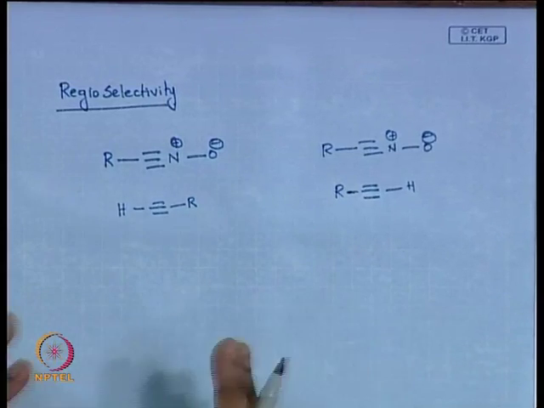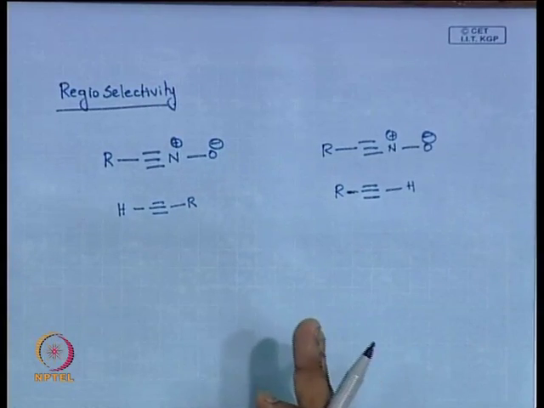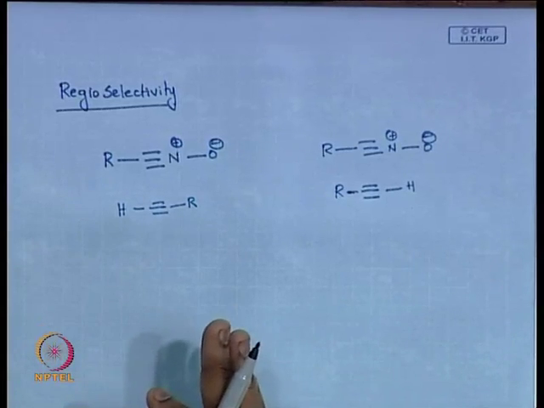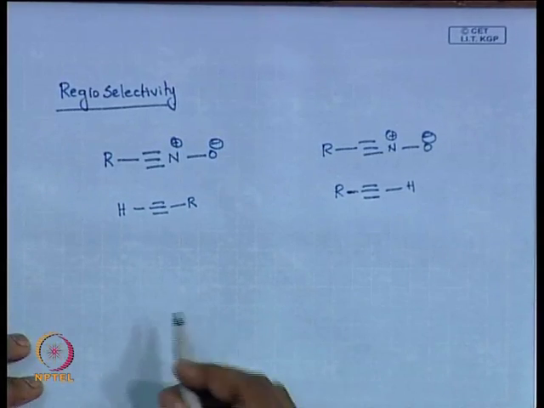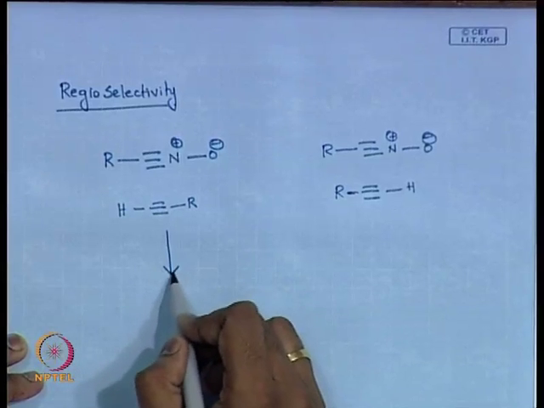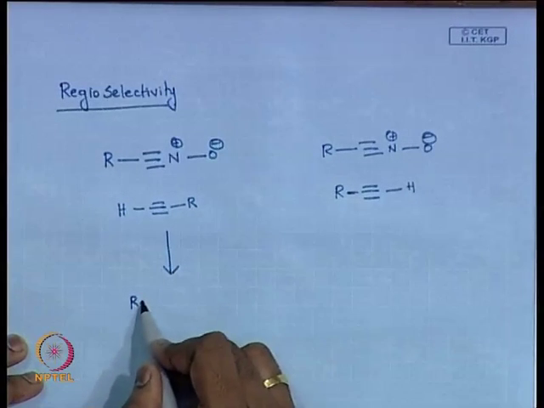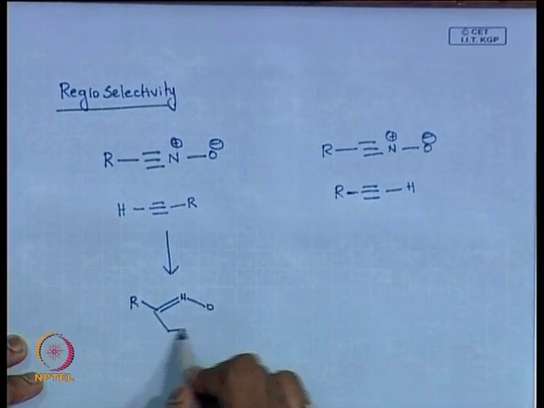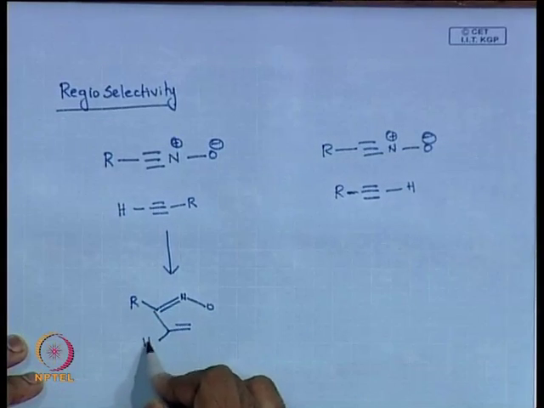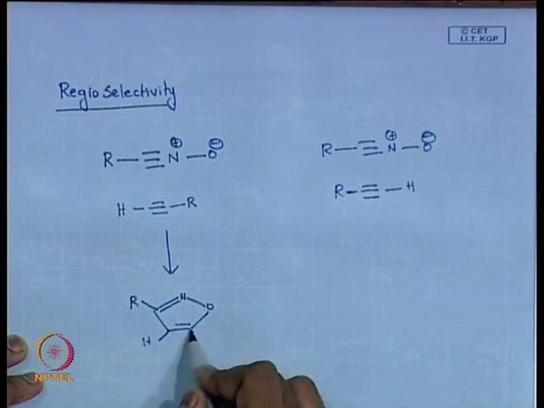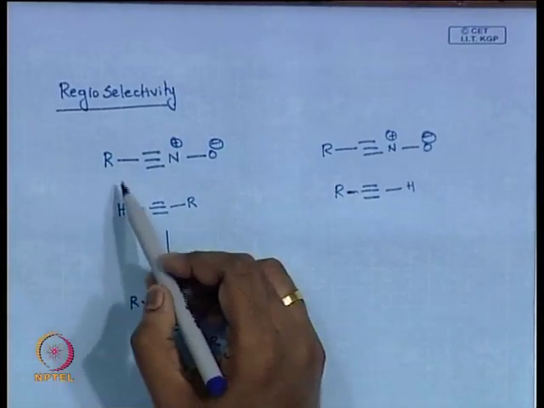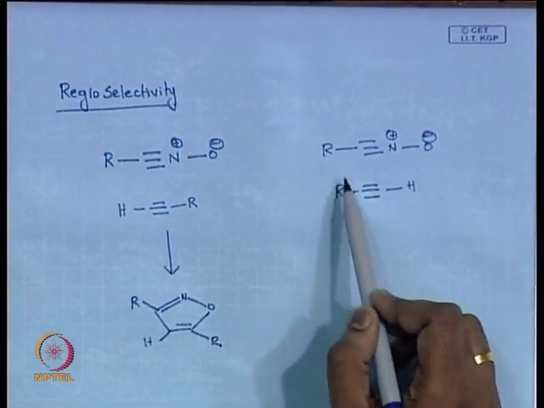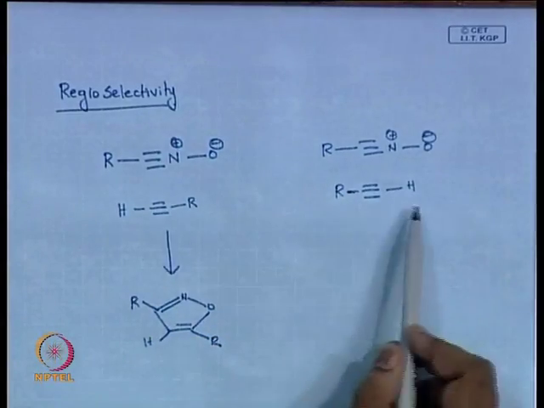So, based on your steric nature, the regiochemistry of these reactions is decided only by sterics. So, you end up with your nice product. Because of this steric, in this case you have R here, same product I have written the other way around.